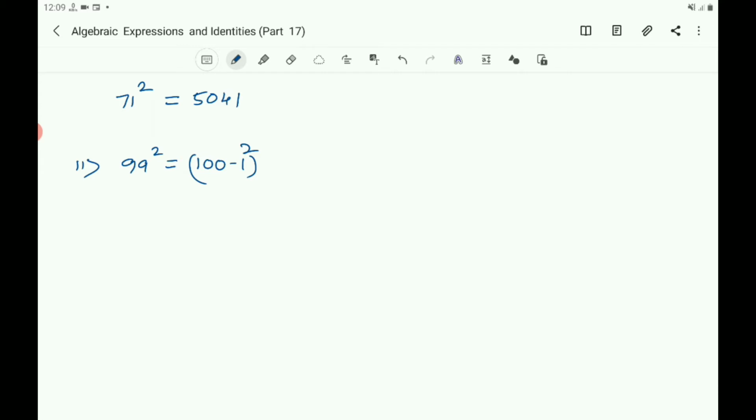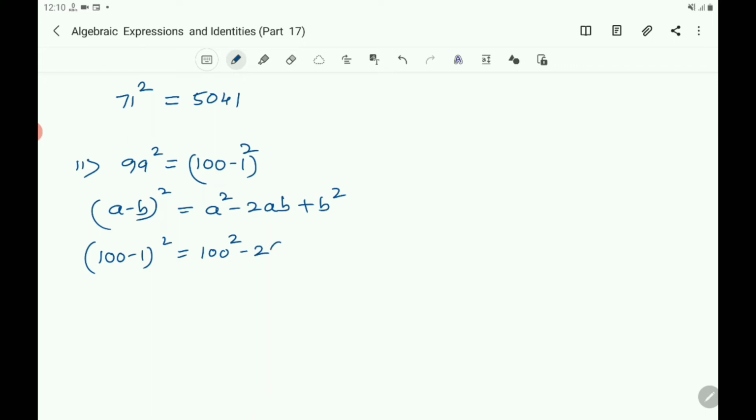Then use the identity a minus b whole square equals a square minus 2ab plus b square. Then 100 minus 1 whole square equals 100 square minus 2 into 100 into 1 plus 1 square.